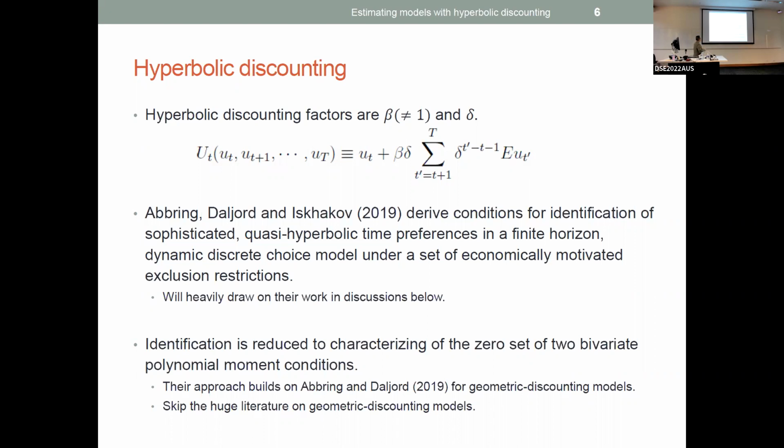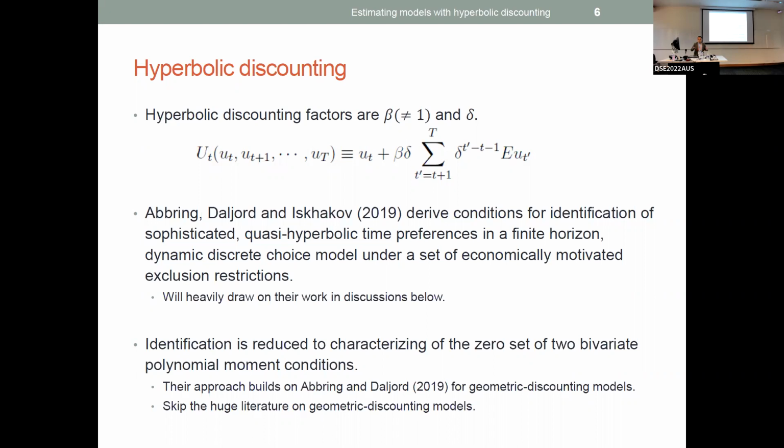In Abbring, Daljord, and Iskhakov, they derived conditions for identification of sophisticated quasi-hyperbolic time preferences in a finite horizon dynamic discrete choice model under a set of economically motivated exclusion restrictions. So a short answer to the identification of these discount factors would be exclusion restrictions.